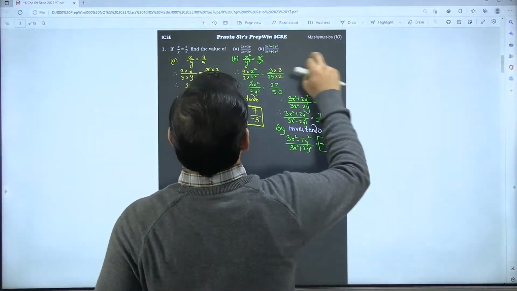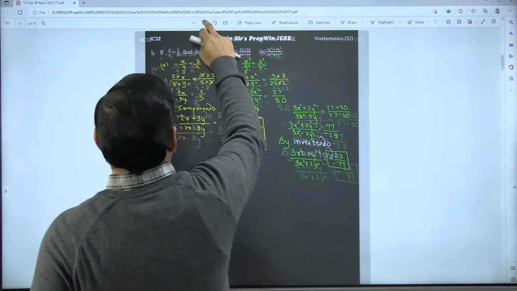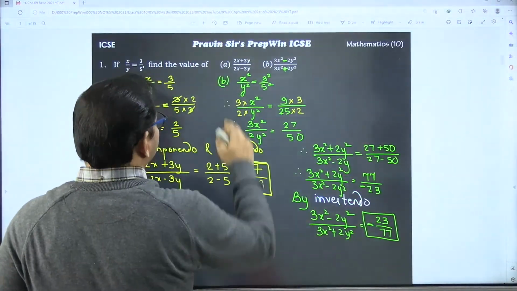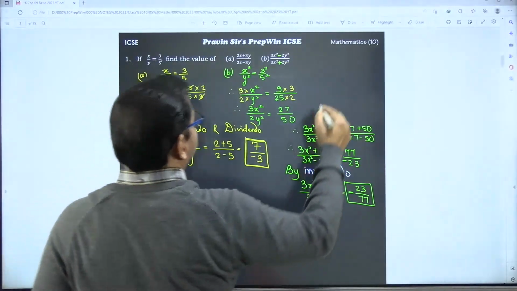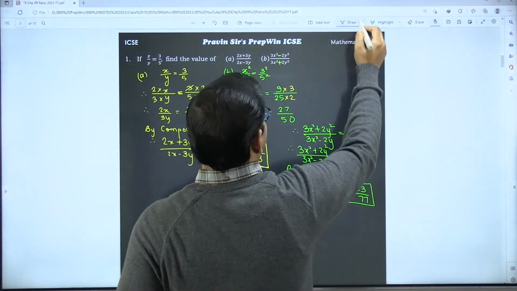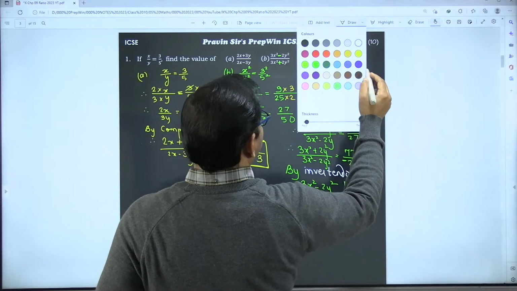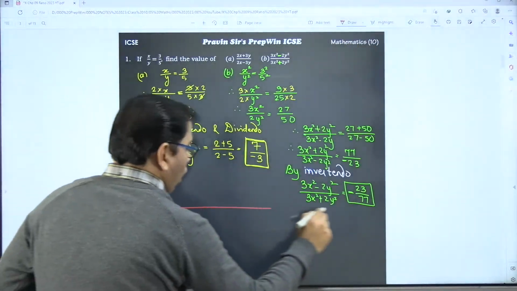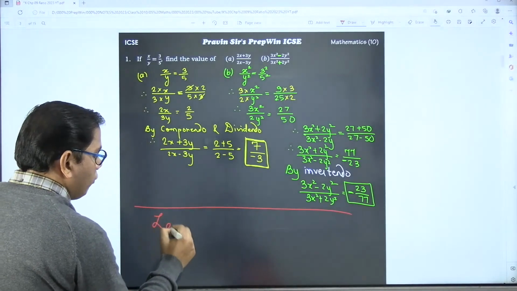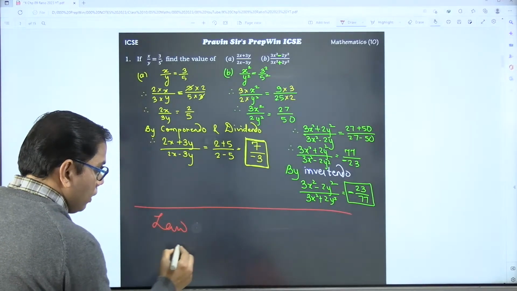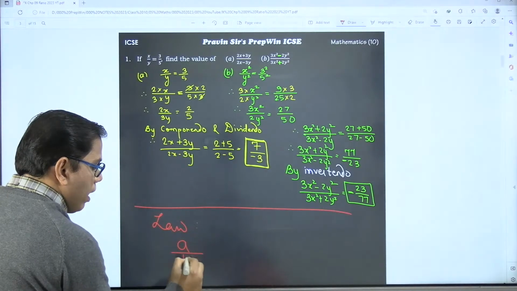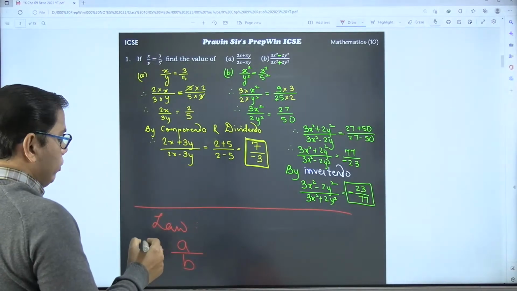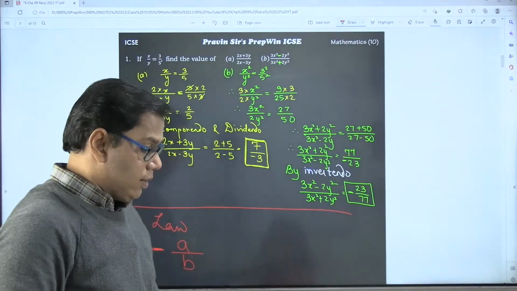Just have a look and let me know if you have any doubt. But before we move on to the next question, I want to bring your attention to this law of indices. Just concentrate on this law of indices. According to the law of indices, if your fraction a by b is negative, I hope you can see this red color.